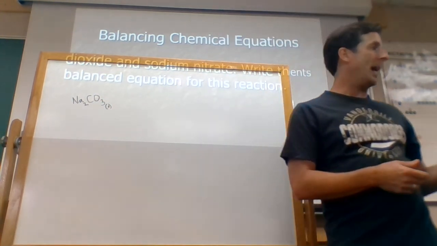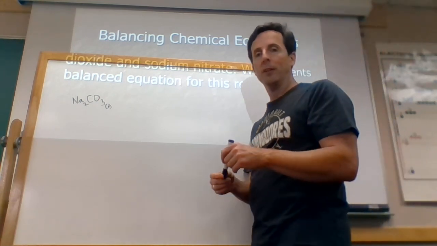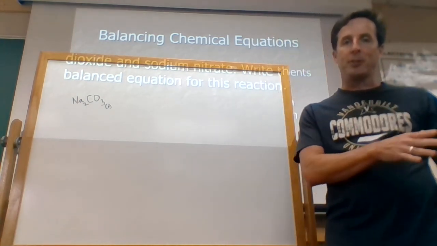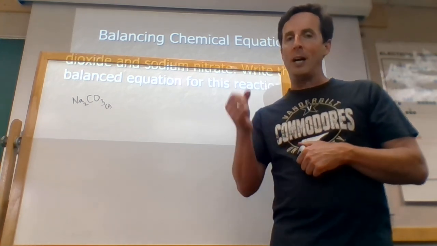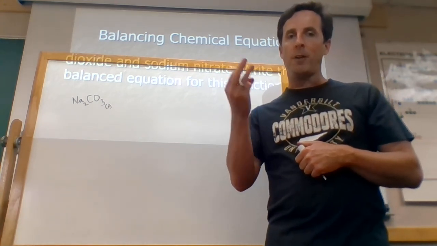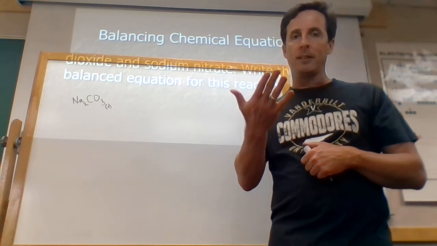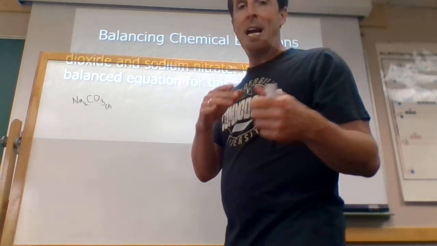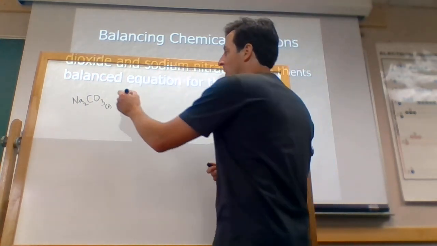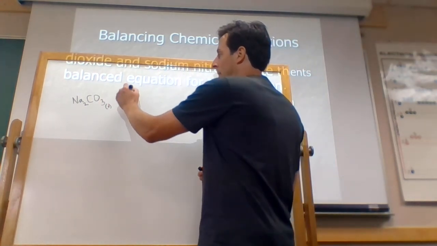Okay, so it reacts with nitric acid solution. At the end of chapter 2, I mentioned that there are a few acids that I expect you to know: hydrochloric, nitric, sulfuric, phosphoric, and acetic. Those are the 5 I want you to know. So nitric acid is one of those. You're supposed to know that it's HNO3.